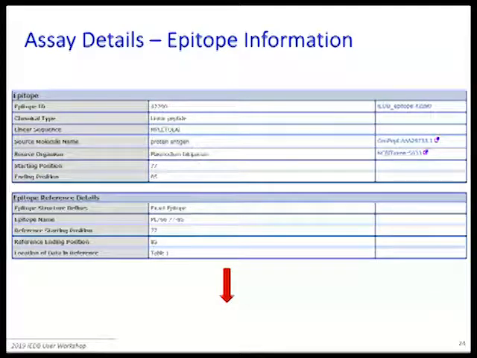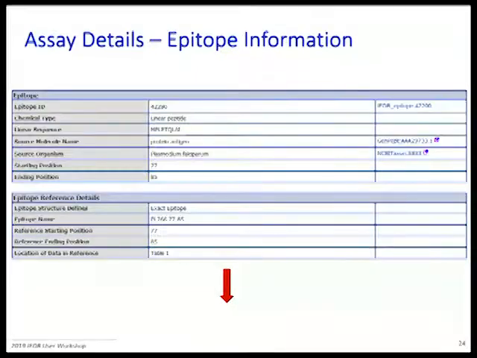This information may or may not be the same in terms of the positions as what's reported in the reference. So if there are some discrepancies, for example, one epitope might be found at position 10 to 20 in one version of the protein or one sequence, and it might be shifted 11 to 21 in another. In essence, we look for it to be conserved in the source that we cite, but those positions might vary with what you see in the paper.